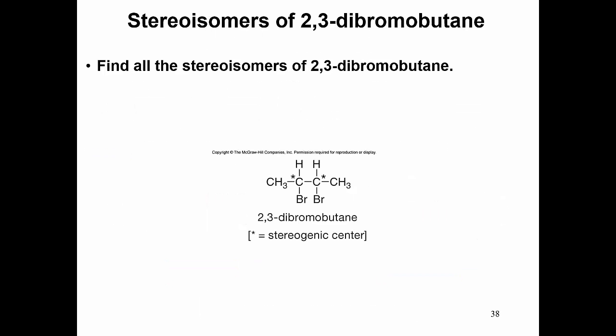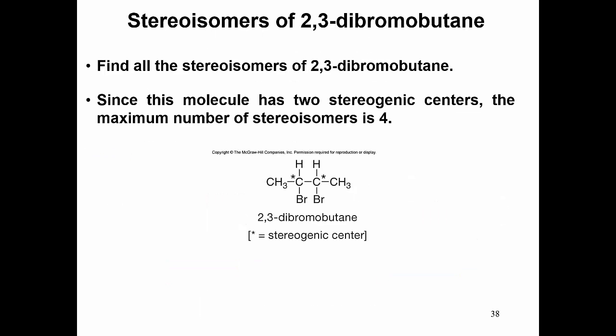Hopefully that's clear. Again, with practice, this stuff becomes pretty trivial. Let's say somebody asked you to find all the stereoisomers of 2,3-dibromobutane. You can see stars at the two stereogenic centers, so the maximum number of stereoisomers is going to be 4.